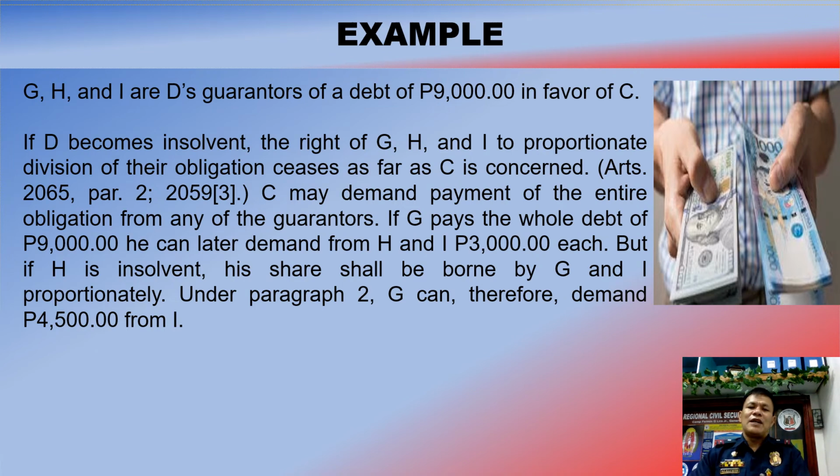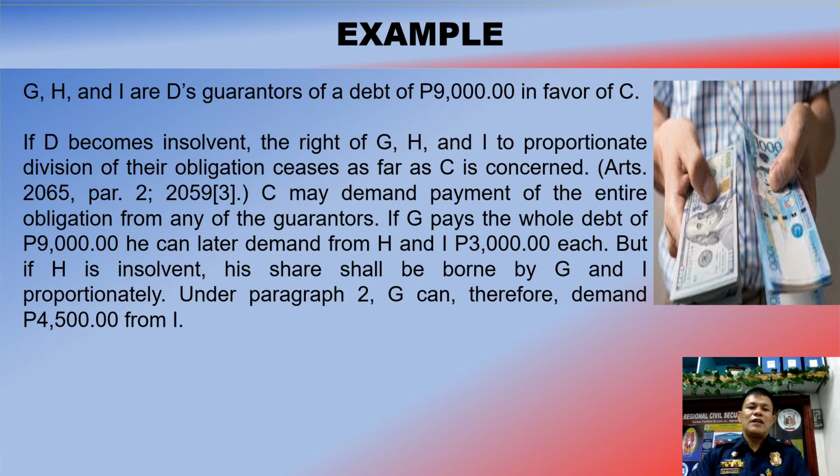Articles 2065, paragraph 2 and Article 2055, paragraph 3. C may demand payment of the entire obligation from any of the guarantors. If G pays the whole debt of 9,000, he can later demand from H and I 3,000 pesos each.